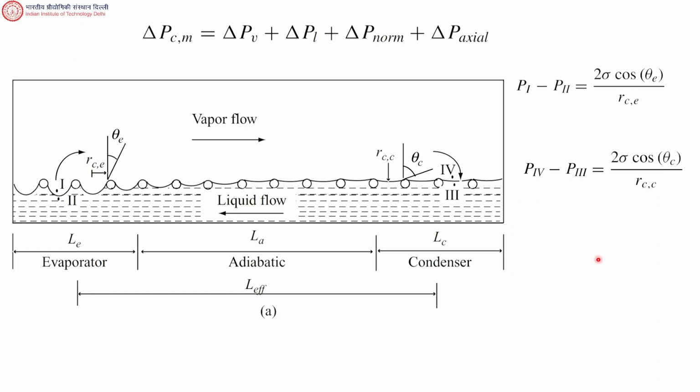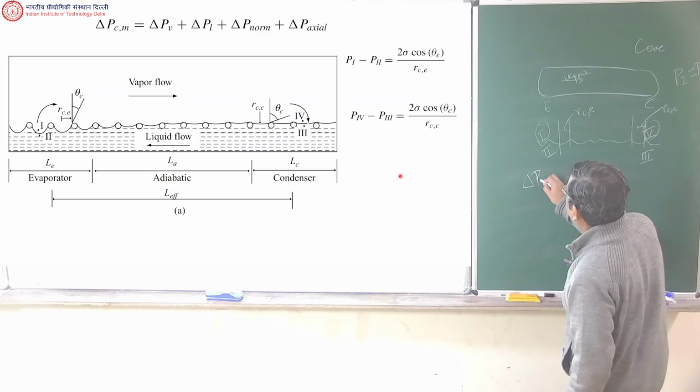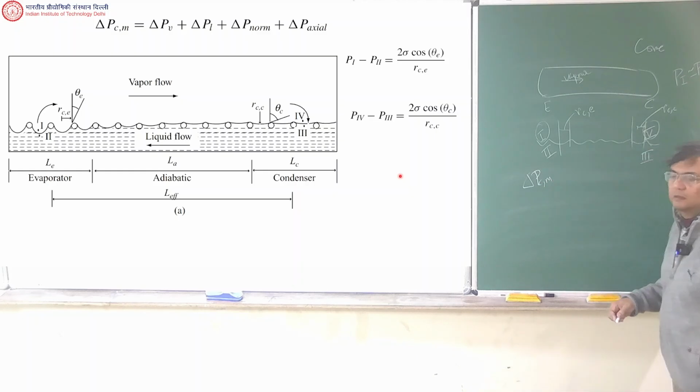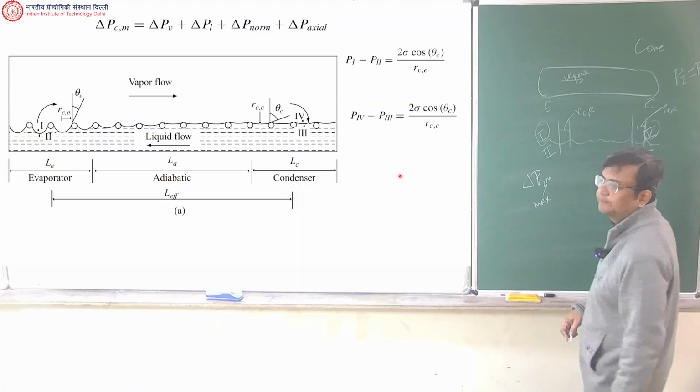We'll also say that to get the maximum capillary pressure drop, we'll have theta E equal to 0. We are trying to estimate, see, I have the equation written on the top, right? So what is delta PCM? C for capillary, capillary pressure drop. M for maximum. We are trying to have an idea of the maximum pressure drop that we can get.